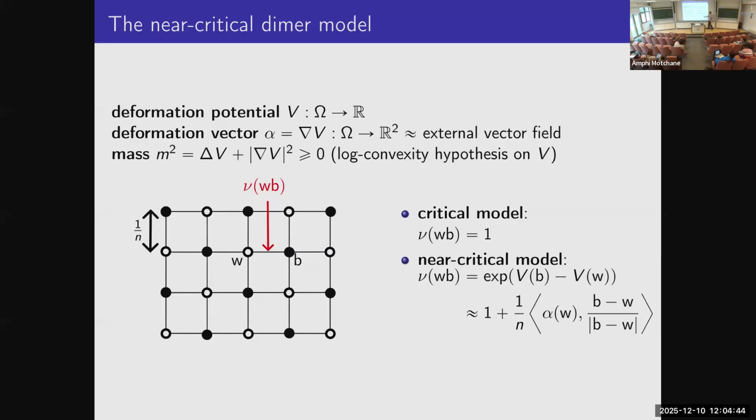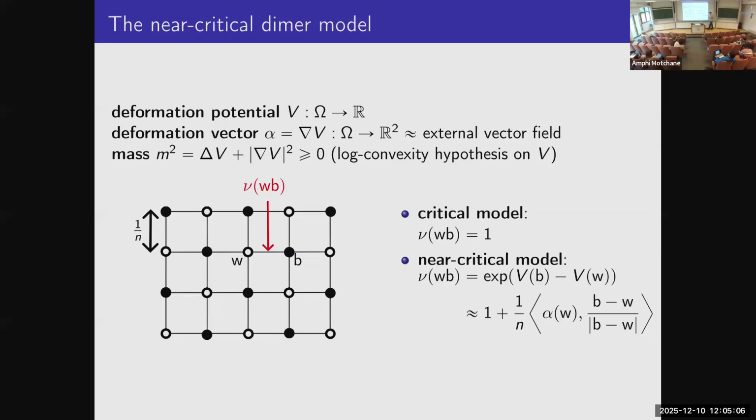To first order, it is 1 plus 1 over n times the scalar product of the deformation vector and the direction of the edge. So you have a weight which depends on the direction of the edge.